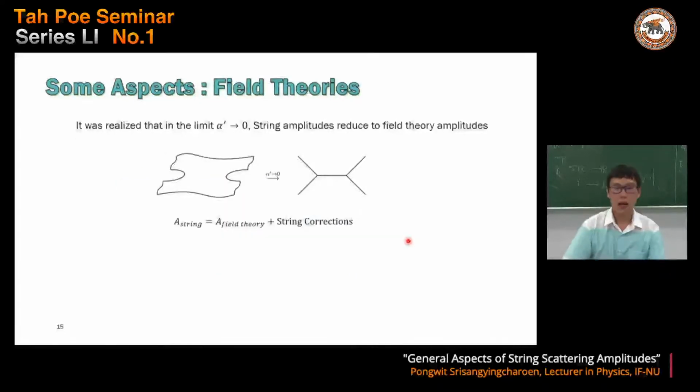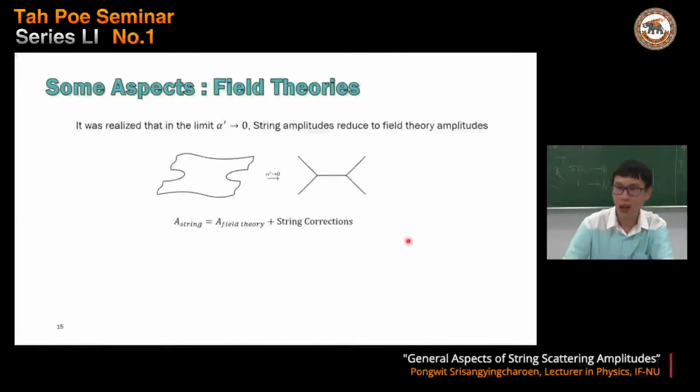Next, apart from the mathematical aspect, I'm going to talk about the aspect that the string scattering amplitude can be related to the field theory amplitude, or the actual field theory.